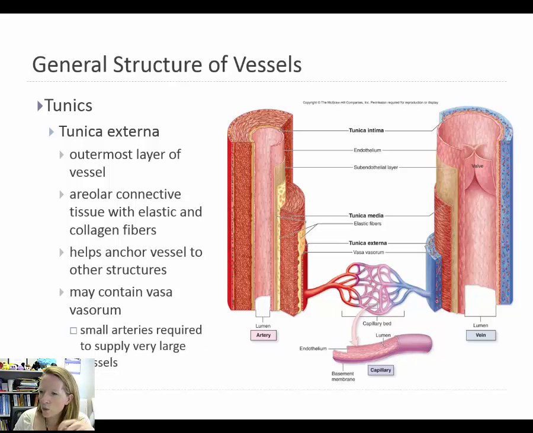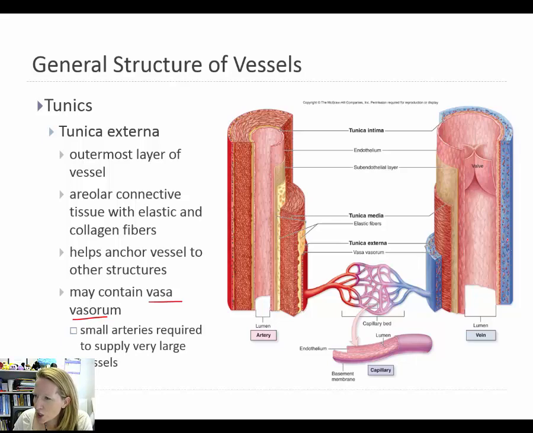And also with the bigger blood vessels, like the aorta, you're going to have something called the vasa vasorum, and it literally translates to vessels of vessels. So what it is, it's going to be a blood vessel's own little blood vessel supply.